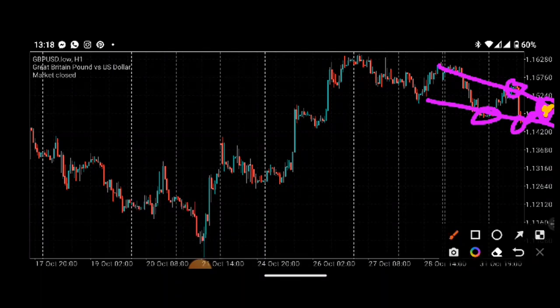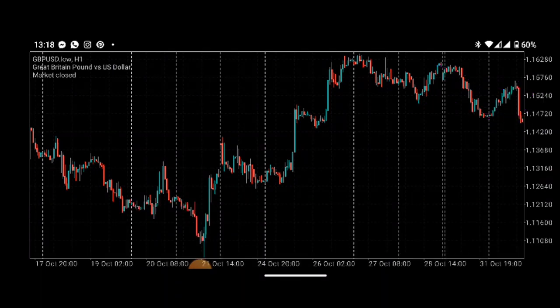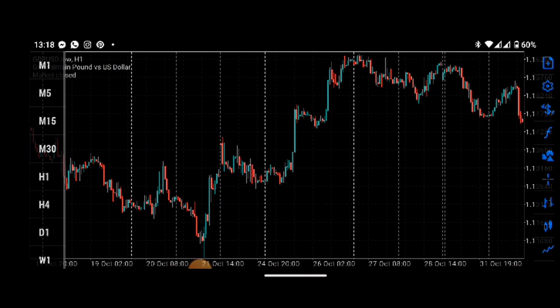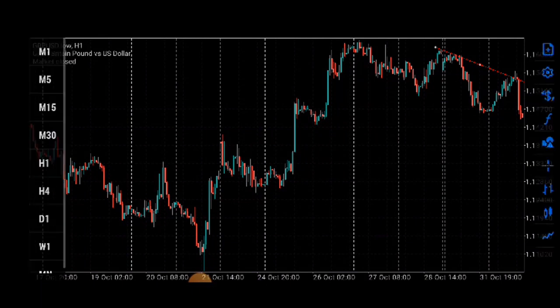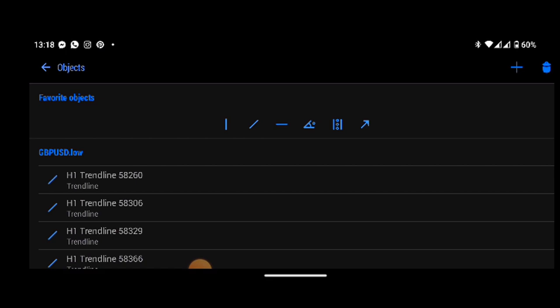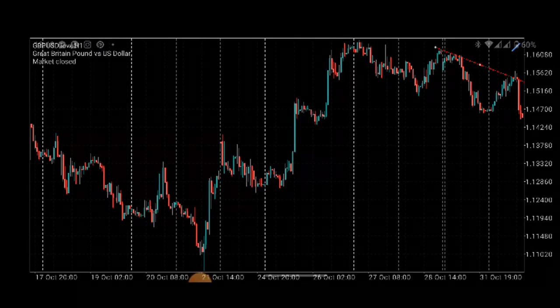Now let's clear this and draw our dynamic support and resistance line. Now you mark your first point, this. Also note that you have your wicks to mark.